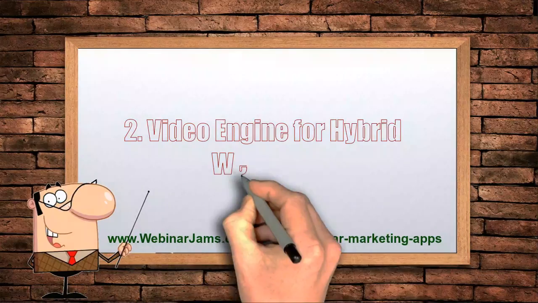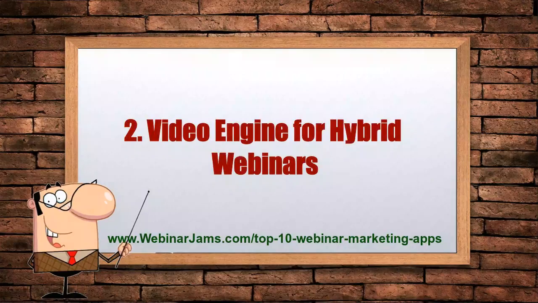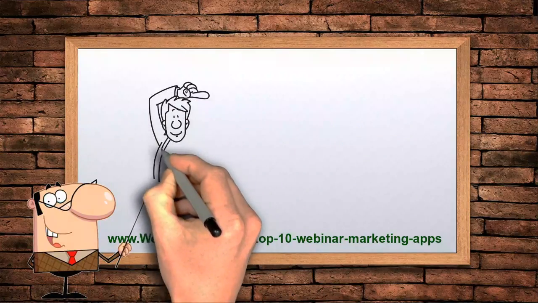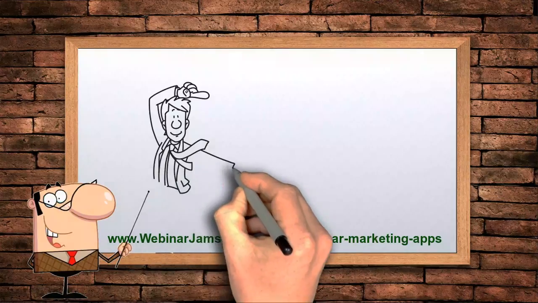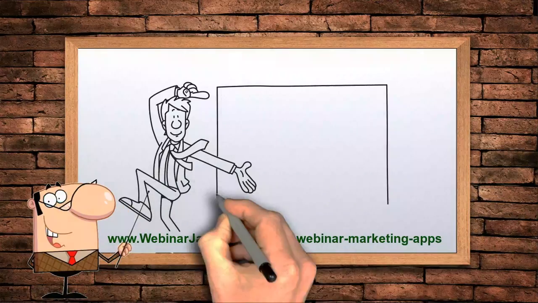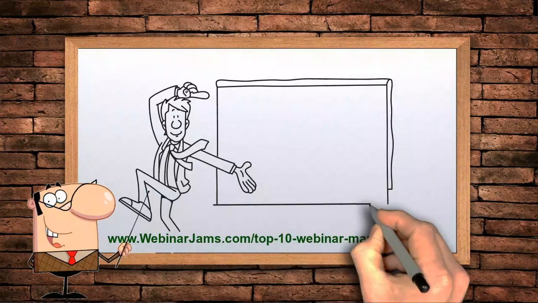Number 2, Video Engine for hybrid webinars. This tool gives you the power to broadcast both live segments of your webinar with pre-recorded segments, and the switch between the two happens seamlessly so your audience won't even notice. On a good webinar, you're going to demonstrate, you're going to teach, you're going to interact and make offers, and ultimately sell things.